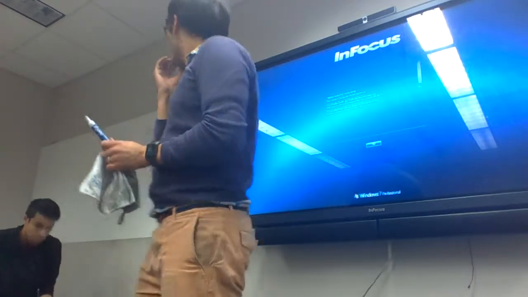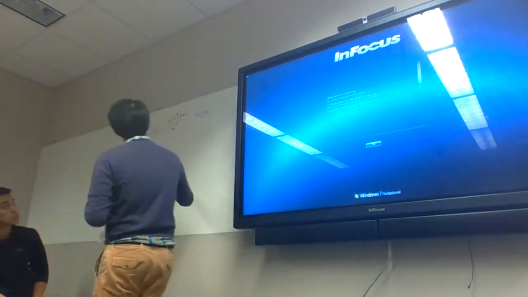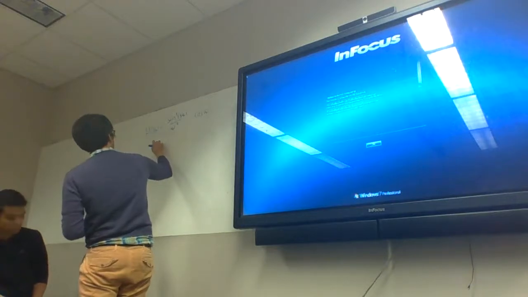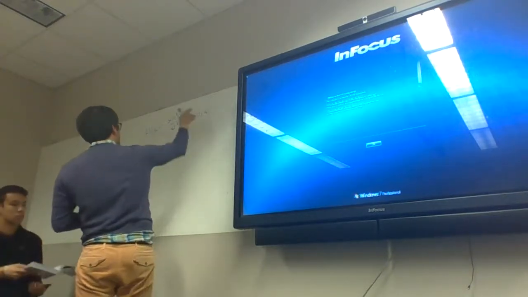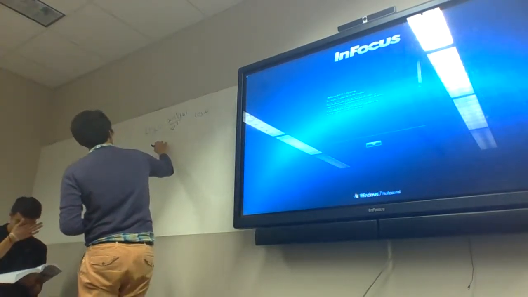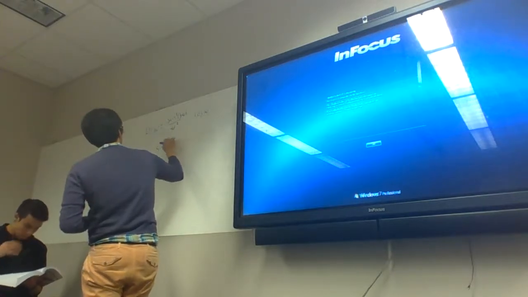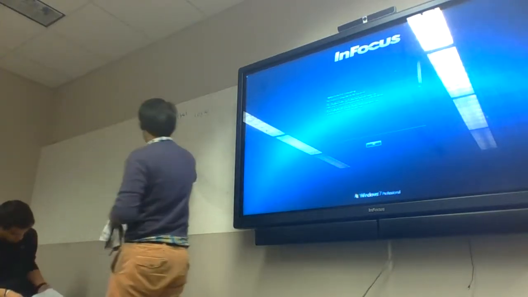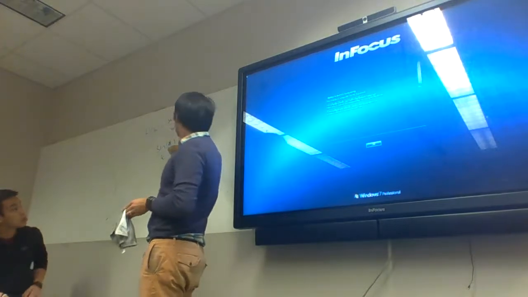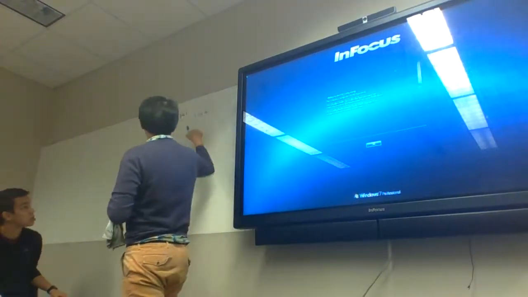We want to break this down into 3 components here. Sine 3 omega over omega, we're going to have that one, and then we're also going to do the cosine.